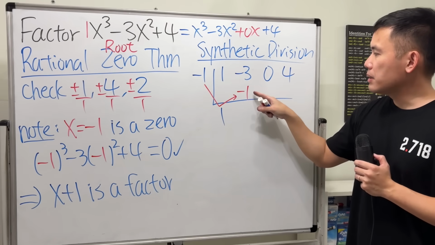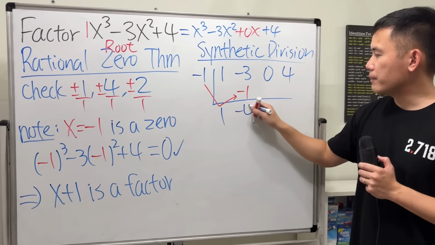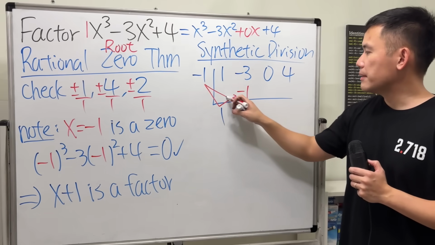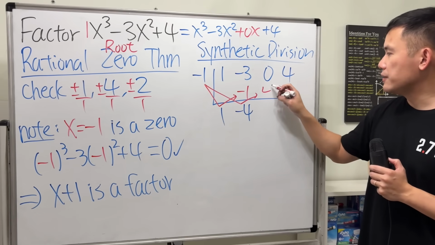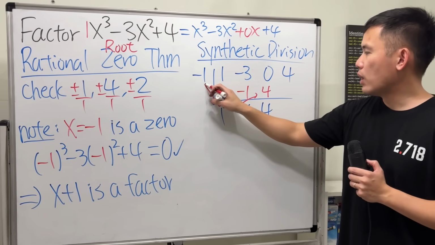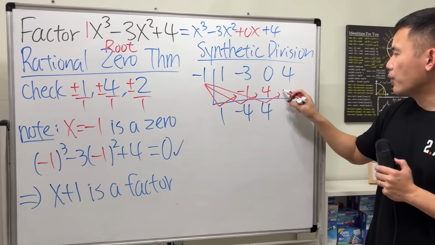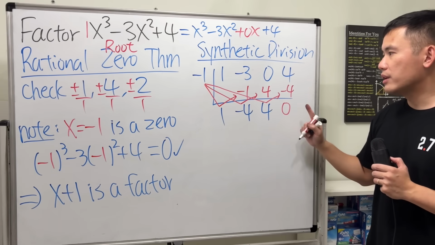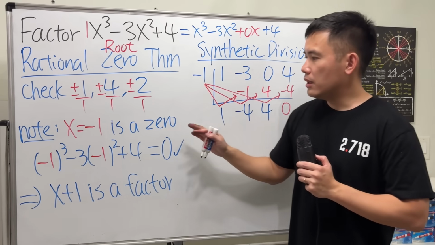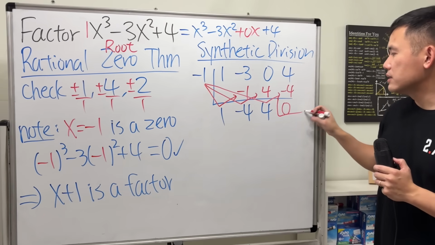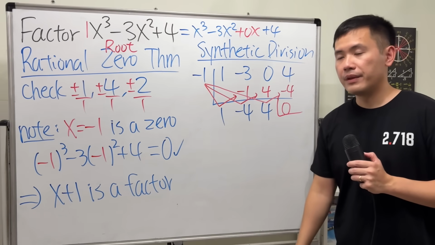Negative 3 plus negative 1 is negative 4. Then we repeat the process. Negative 1 times negative 4 is positive 4. Add them up, we get 4. Negative 1 times 4 is negative 4. Add them up, we get 0. This right here should always be 0, under the assumption that we did this correctly, which we did. So that confirms we are on the right track.